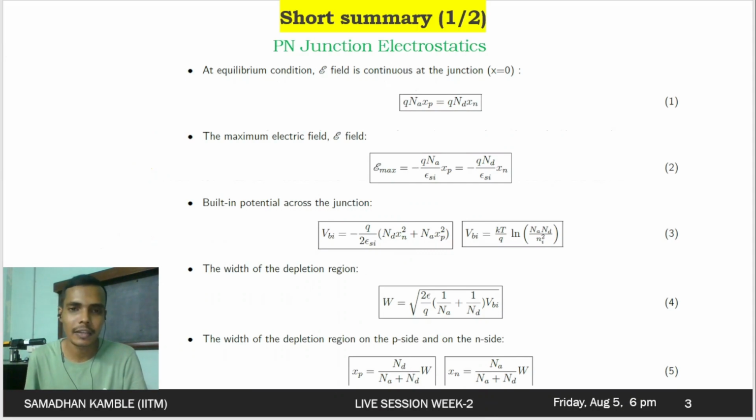And then in this week we moved to considering the situation in which two separate semiconductors, a p-type semiconductor and an n-type semiconductor, are brought into contact with one another to form a junction, a p-n junction.